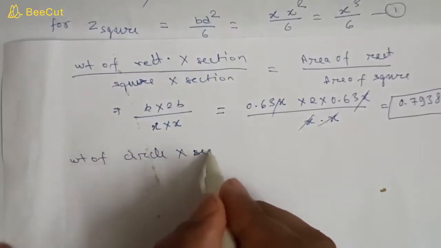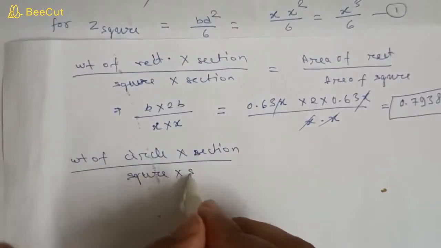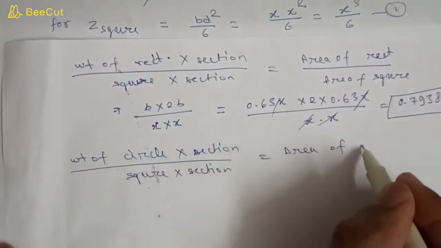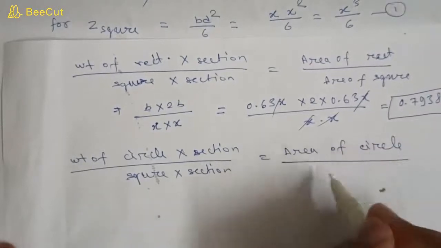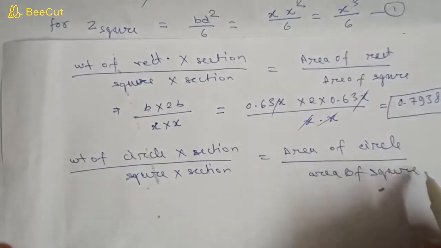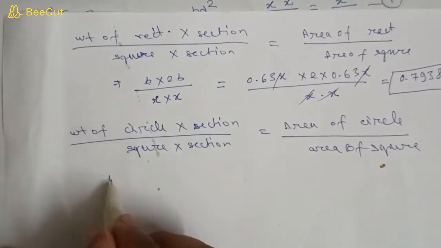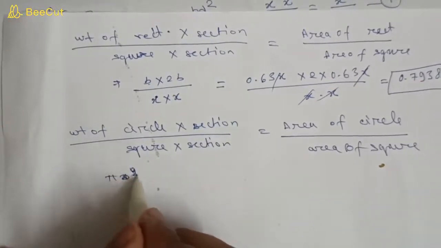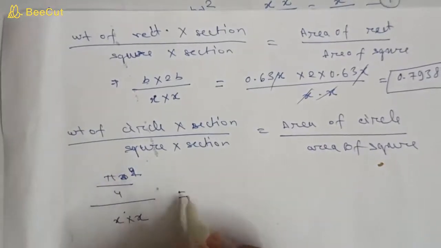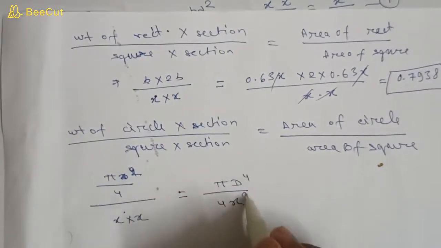Okay, now we have to find the second ratio, weight of circular cross section divided by square cross section, which will be area of circle divided by area of square. Area of circle is pi D square by 4, and area of square is x into x. So we will have pi D square divided by 4x square.